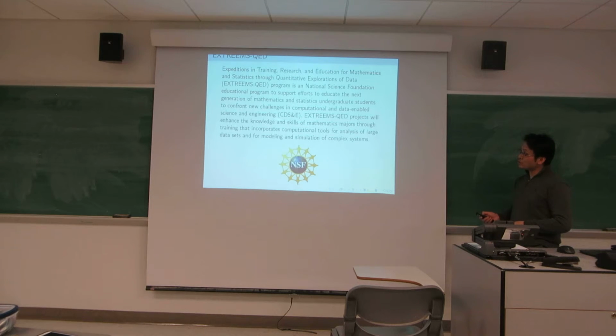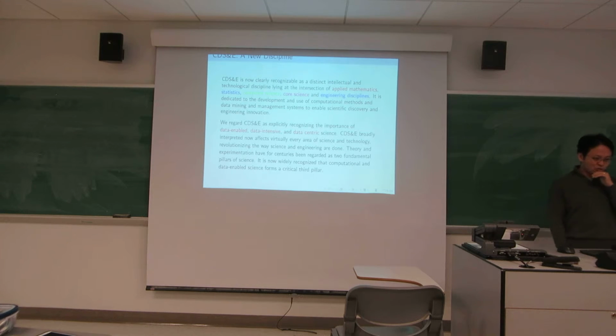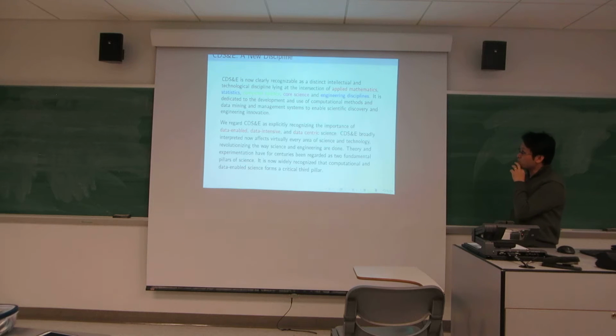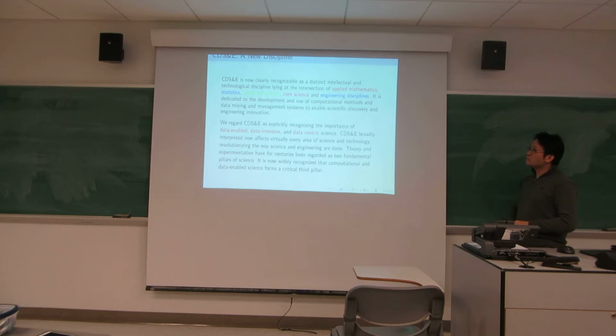What are the definitions of computational and data-enabled science and engineering? This is the official definition from the NSF website. CDS&E is now recognizable as a distinct intellectual and technological discipline at the intersection of several things.